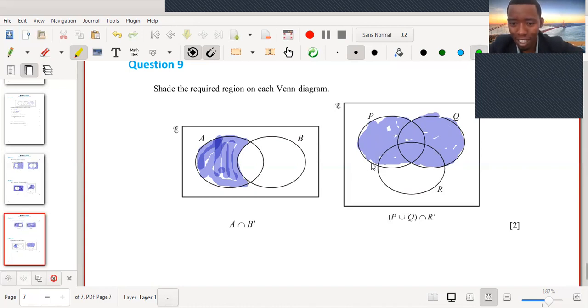So now the intersection will be this part. You can see, I think you guys can see it clearly. This is the overall intersection of that part. So if you look at it, you get what it means. So let me mark out the other stuff which is not what you're looking for.